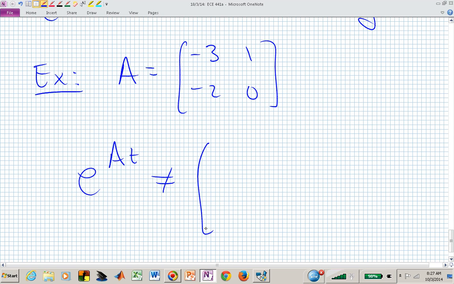maybe you can guess. You don't just raise each of those elements to the matrix to the exponential. You don't build your matrix exponential by simply element-wise forming the exponent. It's not equal to e to the minus 3t, e to the 1t, e to the minus 2t, e to the 0t.